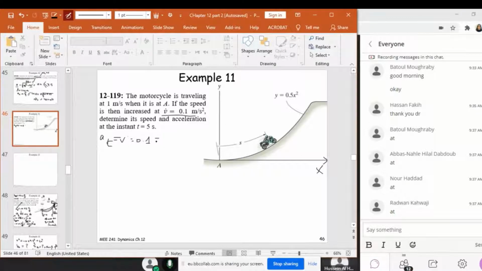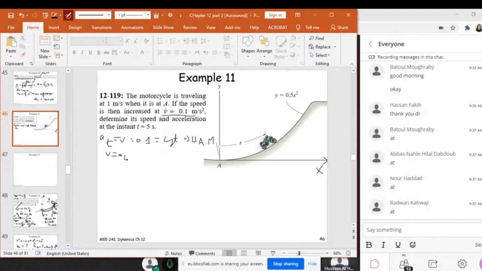I'm going to start by this fact. Since a_t is equal to v dot is equal to constant, then this is a uniformly accelerated motion. And this means, guys, that I can find the velocity equation and the position equation from this fact, since a_t is constant. So I'm going to find the velocity equation.